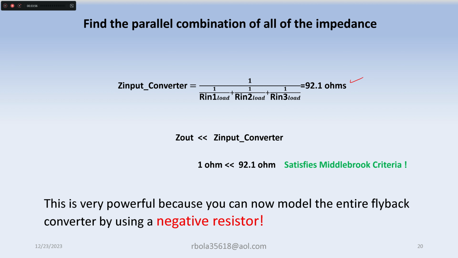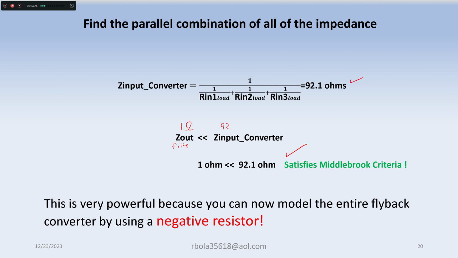So if my output impedance of the filter is 1 ohm and my impedance of the converter is 92, you can see that this is satisfied. The impedance of the filter is much less than the impedance of the converter.